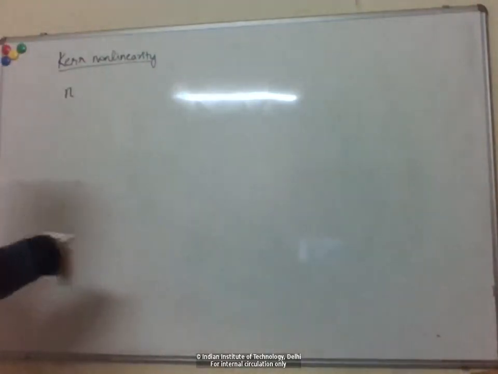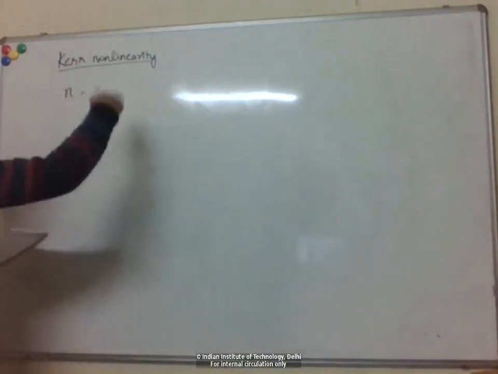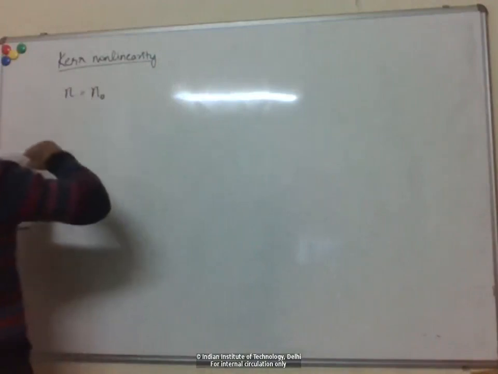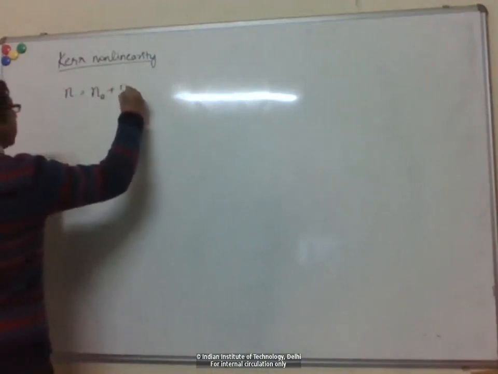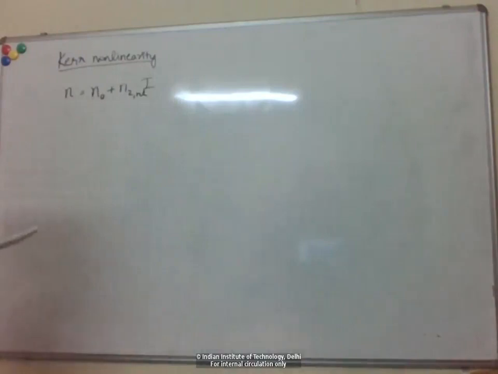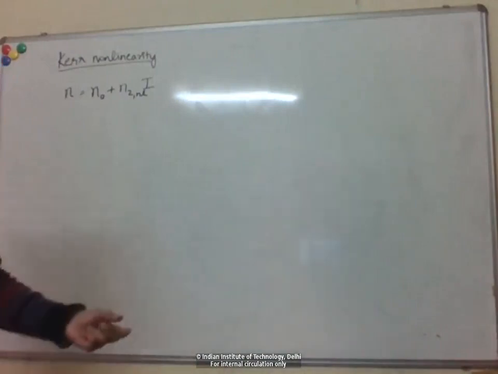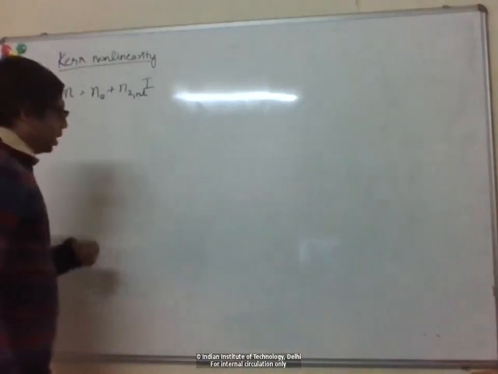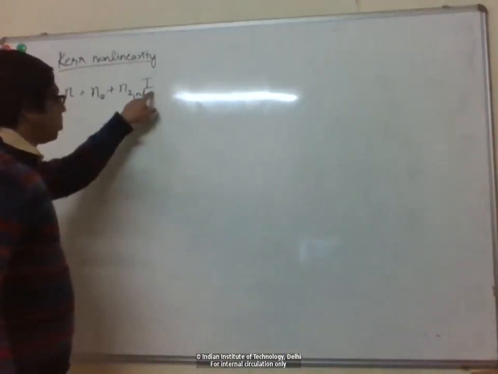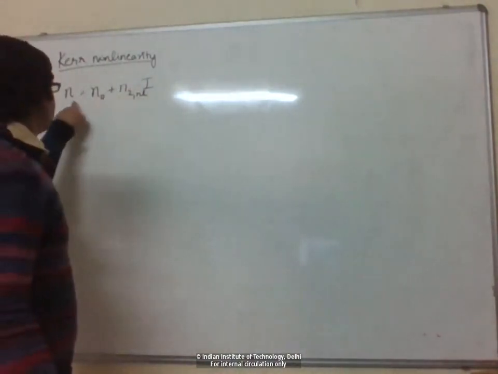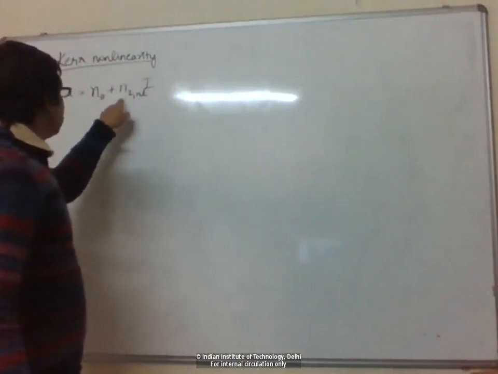But when this displacement becomes large and you go to the nonlinear case, this refractive index, instead of just being a constant, now starts depending on the intensity of the input wave.